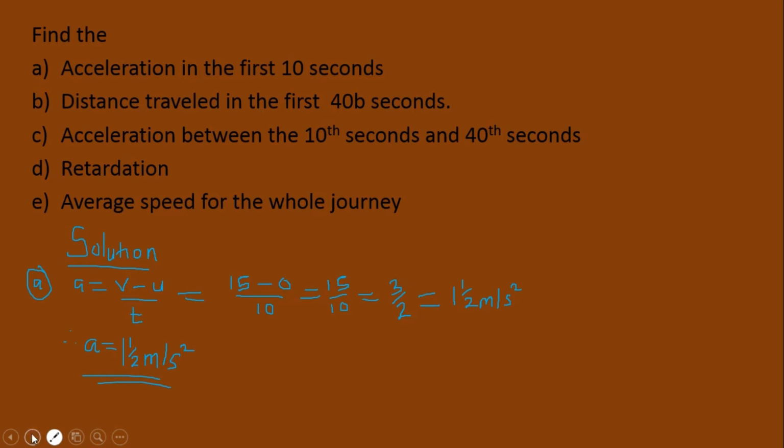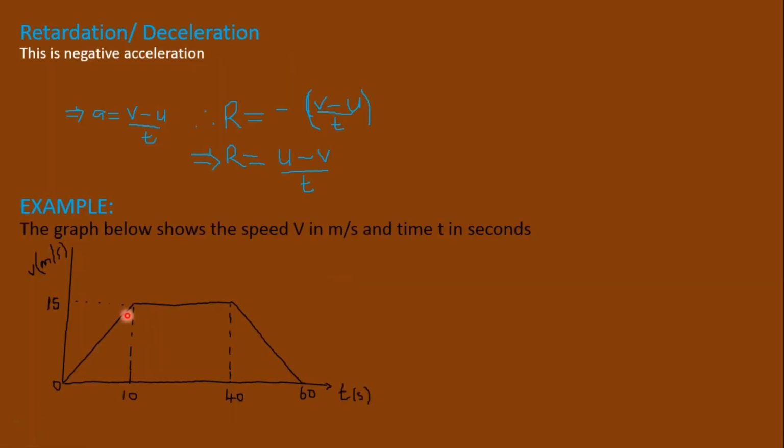Okay, so the solution for acceleration in the first 10 seconds. We're only finding the acceleration from here up to there, in the 10 seconds. So what will be your initial velocity, your final velocity, and your time taken? Your time taken will only be 10 seconds, your initial will be 0 and your final velocity will be 15.